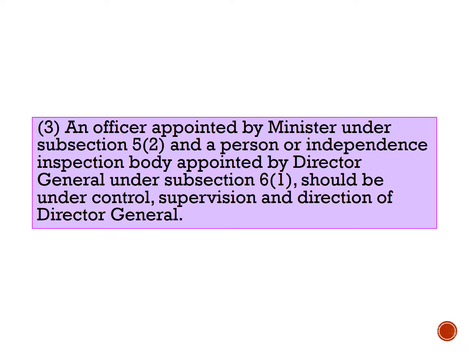An officer appointed by the Minister under subsection 5 Part 2 and a person or independent inspection body appointed by the Director General under subsection 6 Part 1 should be under the control, supervision and directions of the Director General.